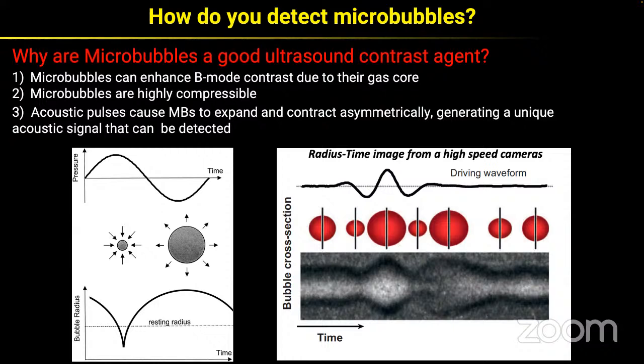Now we can also do this to be not stable. We can initiate inertial cavitation, and that has been used in different more therapeutic applications for, say, for instance, in a tumor, destroying some of the vasculature by hitting it so hard that it actually disrupts the blood vessels. Or we can do it really gently, cause this expansion and contraction. And this is actually used therapeutically for permeabilizing the blood-brain barrier.